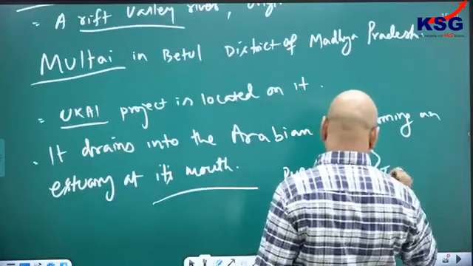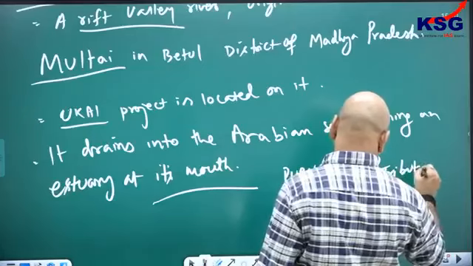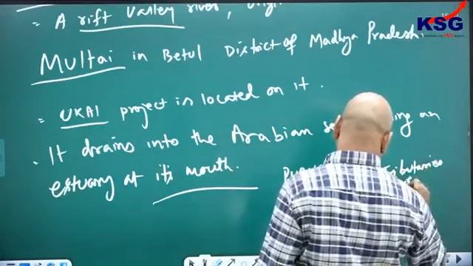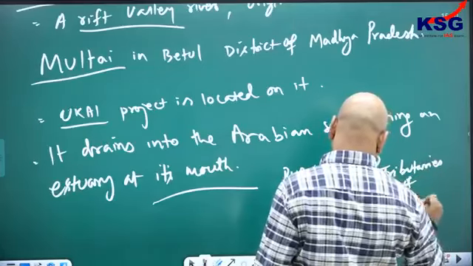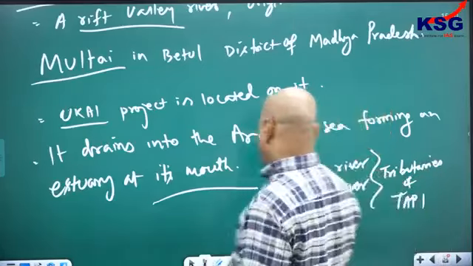The tributaries of Tapi are Purna and Girna.